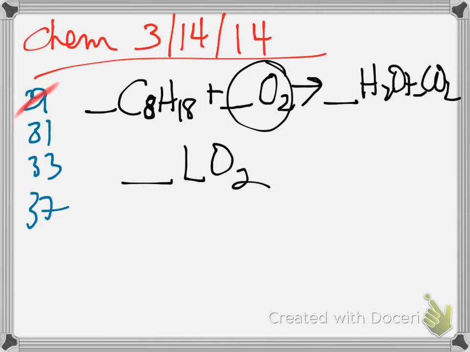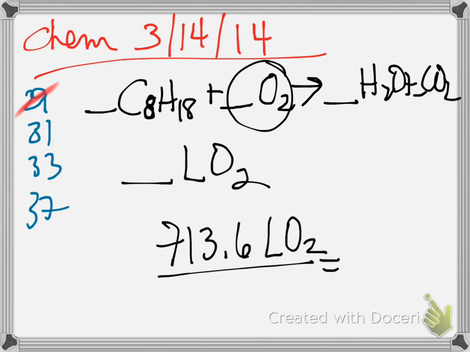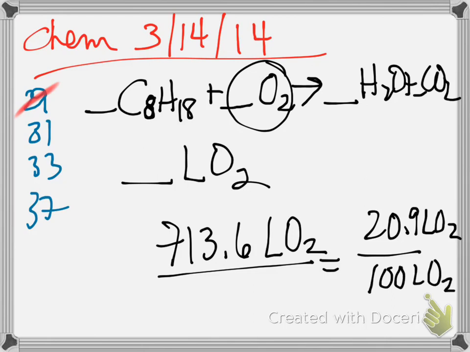Once you get that number, and I'm going to make up a number here, if you require 713.6 liters of O2, and you know that there are 20.9 liters of O2 in every 100 liters of air, can you solve for how many liters of air you need at that point? Okay, so that's really what you need to do. That's where that 20.9 comes in. Questions, or does that clear it up?